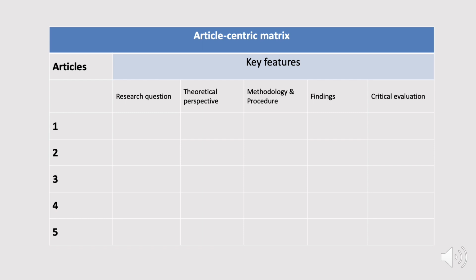Of course, the same way you can make one for thematic arrangement as well. So here you can see 6 columns which include the detail of the article, research questions, theoretical perspective, methodology and procedures, key findings, and their critical evaluation. For critical evaluation, you can use the critiquing tool to question the various sections or aspects of the research study in hand.